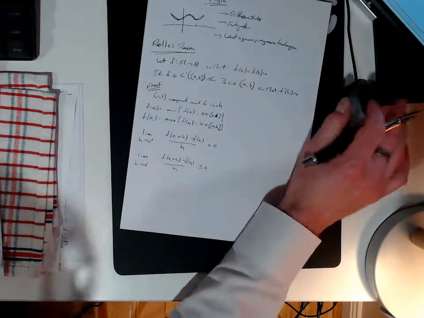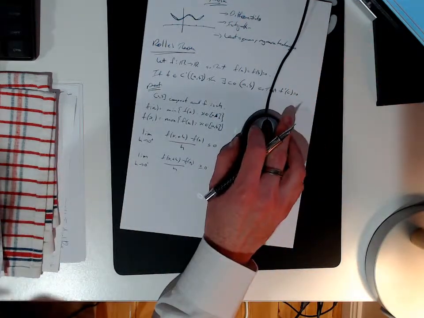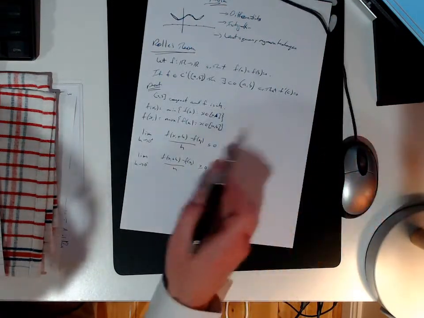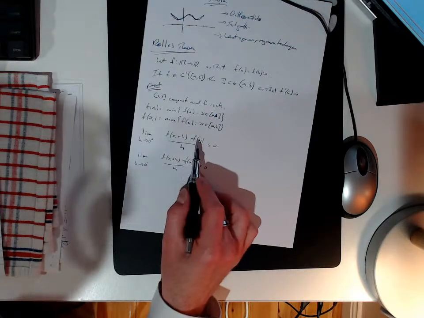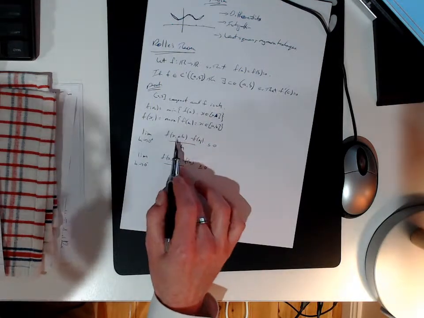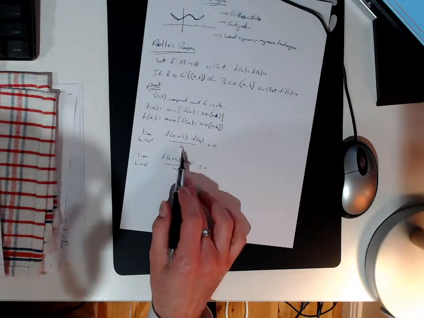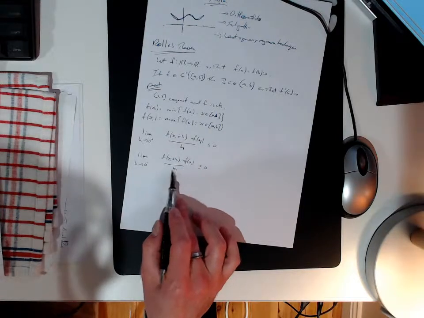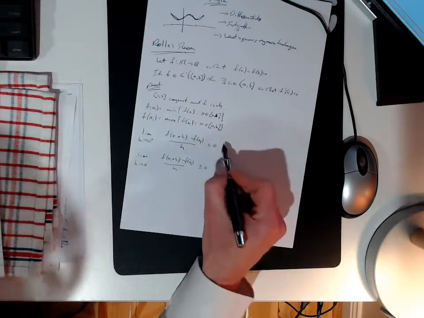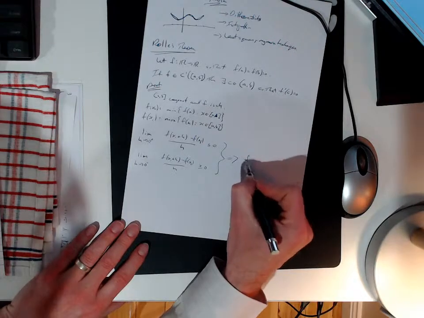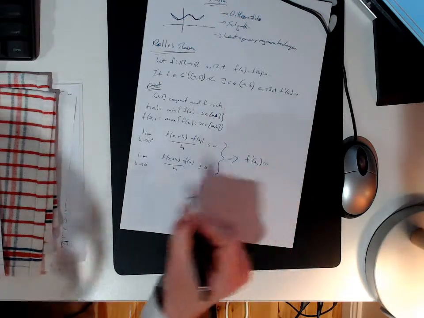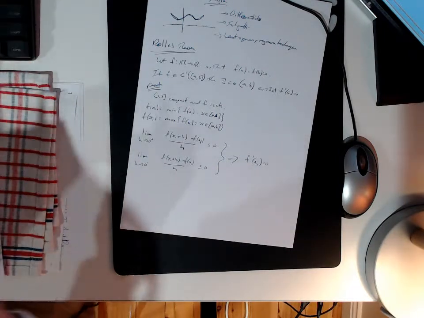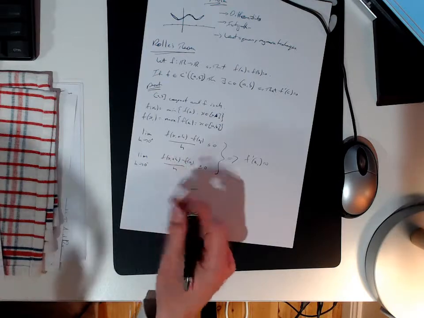Have I got the signs the wrong way around? Hold on a second. No, everything's right. Important to check though. The term f(x1 + h) will be less than f(x1) because x1 is where the maximum occurs, so that's a negative value, and h is positive, so we have less than 0. Similarly, in the other case the value on the top will be negative and the value on the bottom will be negative, so we have a positive value. And of course that implies that f'(x1) is equal to 0. And you can derive the same thing for the minimum, so that gives the result.